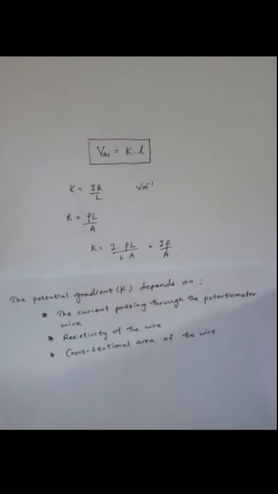Okay, I recall it: the potential gradient depends on the current passing through the potentiometer wire, the resistivity of the wire, and the cross-sectional area of the wire.